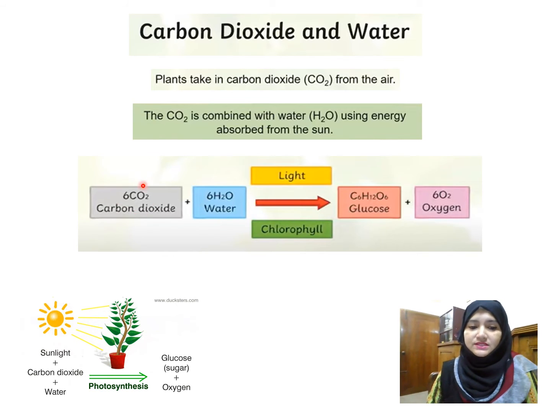This carbon dioxide is obtained from animals breathing out, this is the water obtained from the soil, and this is the light which comes from the sun, in the presence of chlorophyll which is present in the leaves.